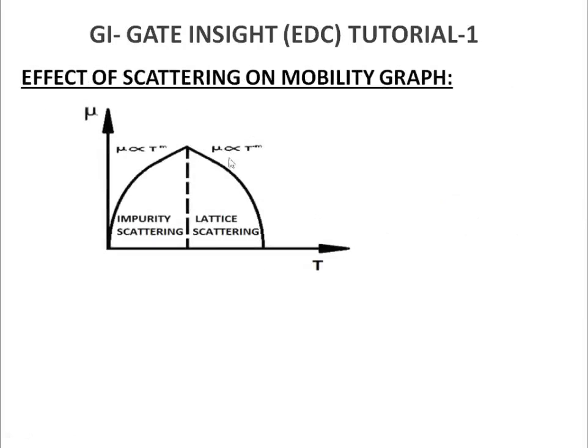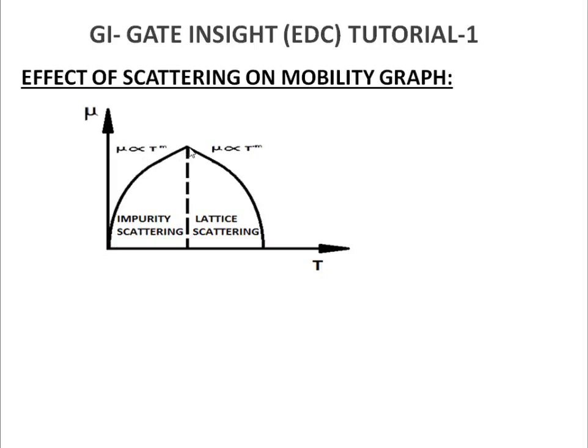Now the effect of scattering on mobility graph is given as this. As the temperature is increasing, as I told you, first because of impurity scattering, with less impurity, mu is proportional to T to the power of M. So first the mobility increases.